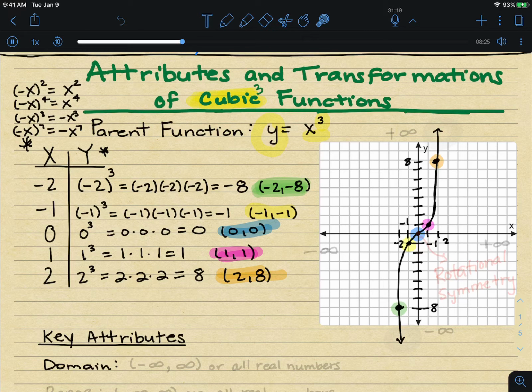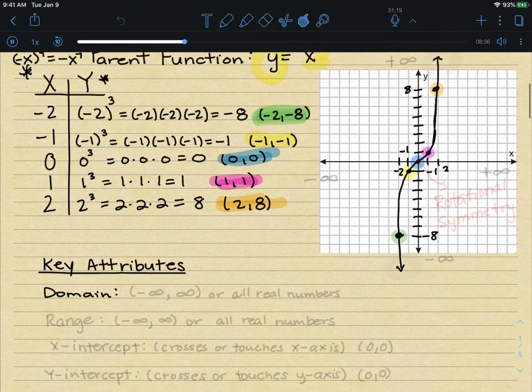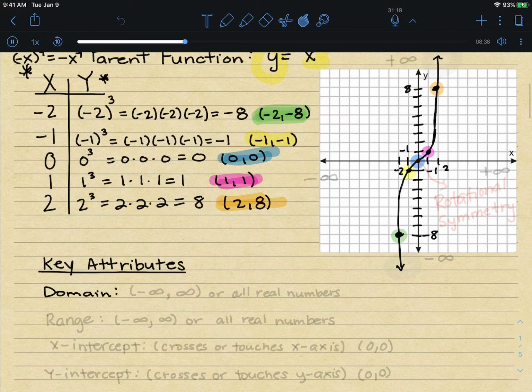Okay, now with every function comes key attributes, right? Well, what is the first key attribute we always talk about in class? Well, you guys guessed it, the domain. So the first thing we're going to talk about here is the domain. And if you guys remember, the domain goes from left to right.